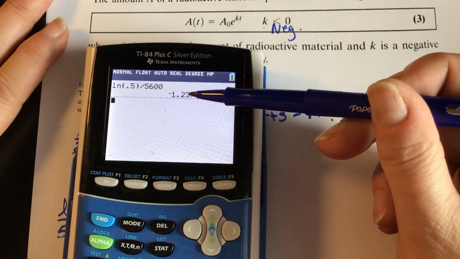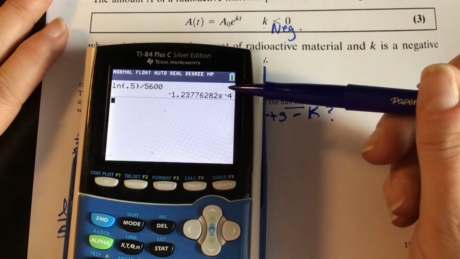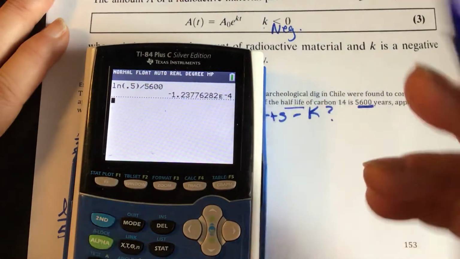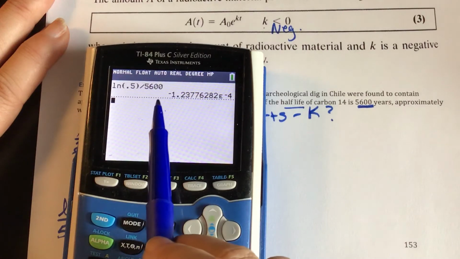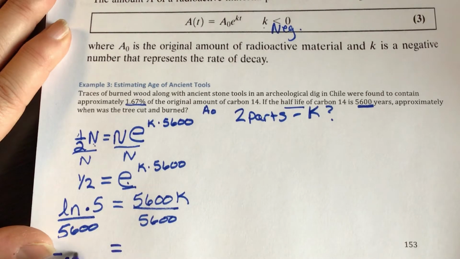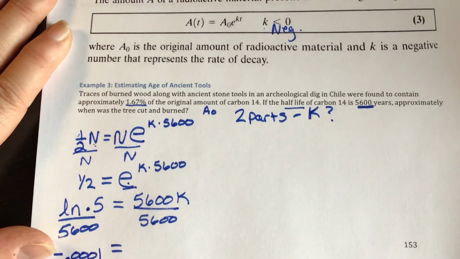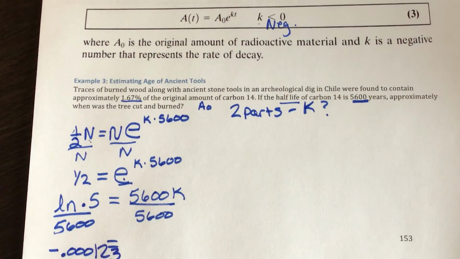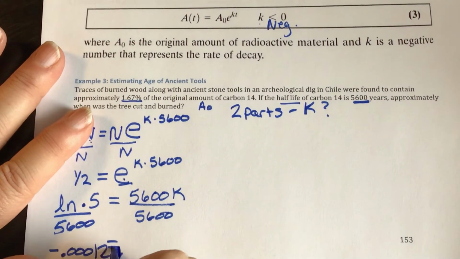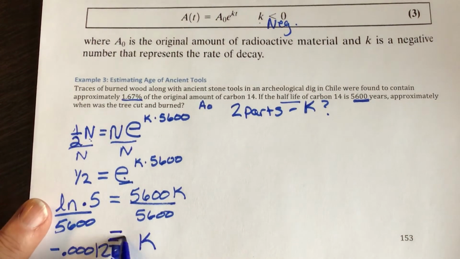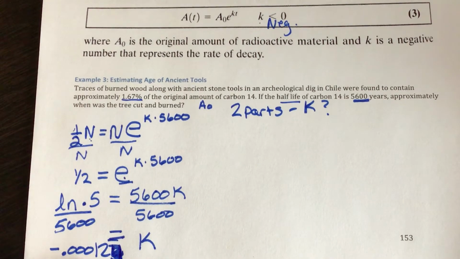So this is negative 1.2377 times 10 to the negative fourth. That means I need to move my decimal back 4 spaces, and that would give me negative 0.000123, and actually if I round it up, it would be 0.000124.